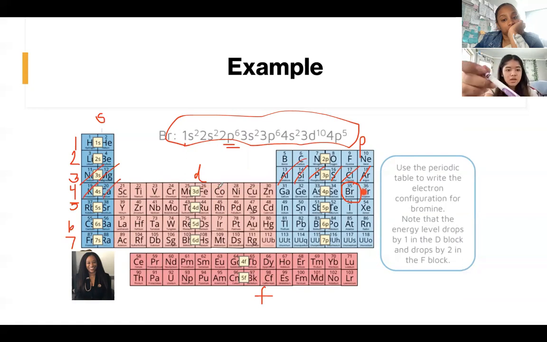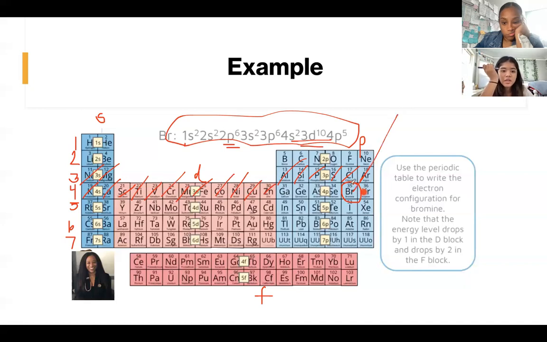Then 4s2, you would go there, right? And then this is where you get into the d section. So d starts with 3, so it would be 3d10, because d equals a 10 block.